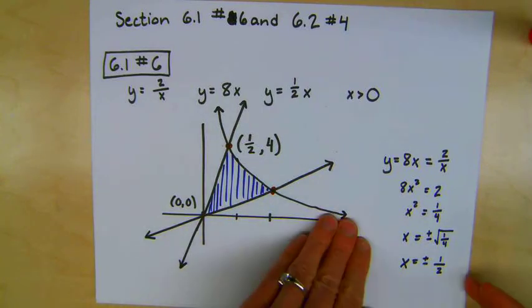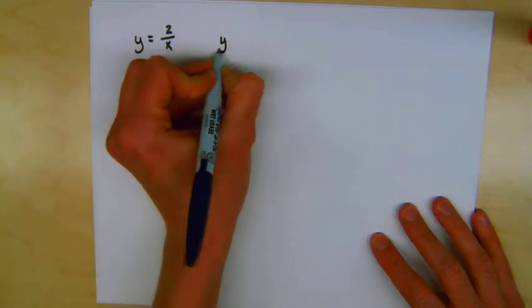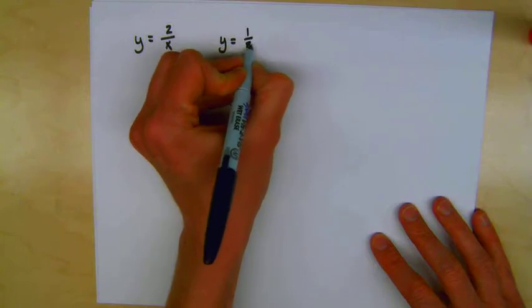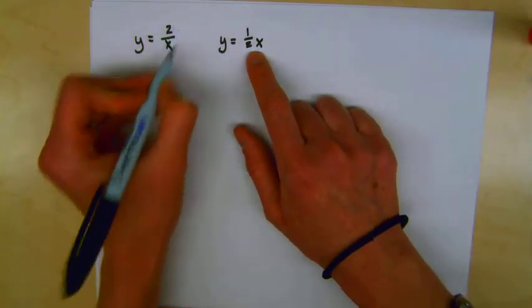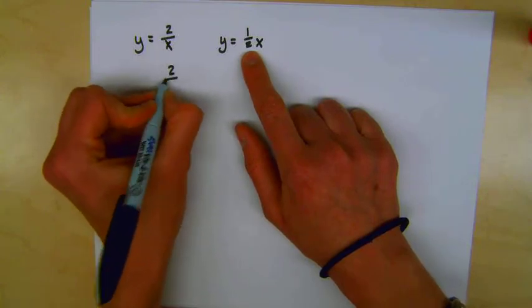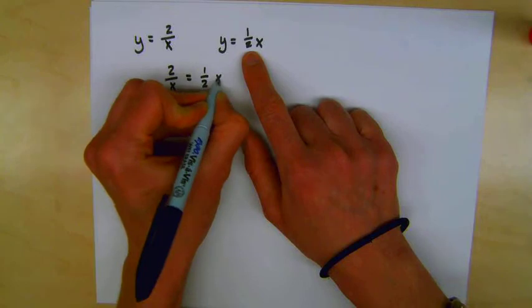So we found one of our intersection points. Let's find the second intersection point on a new sheet of paper. The second intersection point is going to be where our curve y equals 2 over x is set equal to our curve y equals 1/2 x. So 2 over x is equal to 1/2 x.